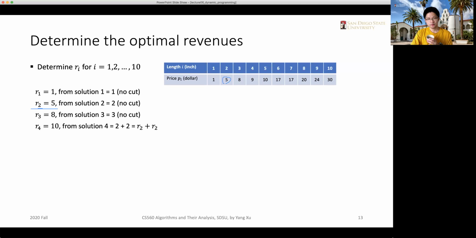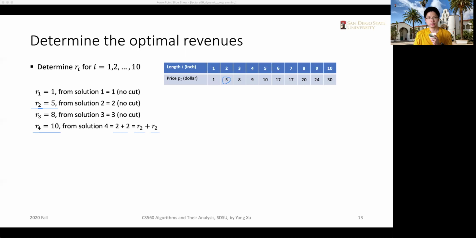And for R4, which we have seen like 2 slides ago, the solution is 2 plus 2. We notice that the solution for R4 is 2 plus 2, which can also be expressed by the solution of R2.